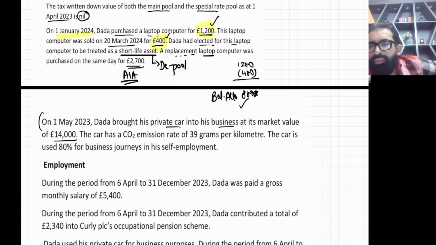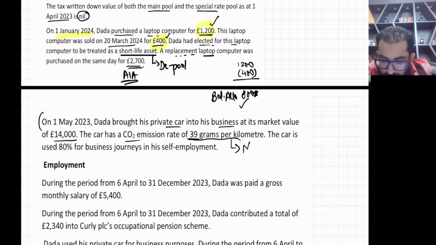So just think the business bought this asset for 14,000 pound. Okay. Now the car has a CO2 emission rate of 39, that means between 1 to 50.